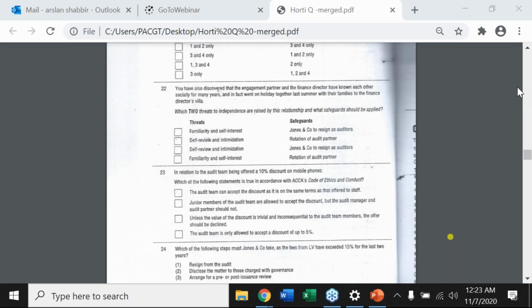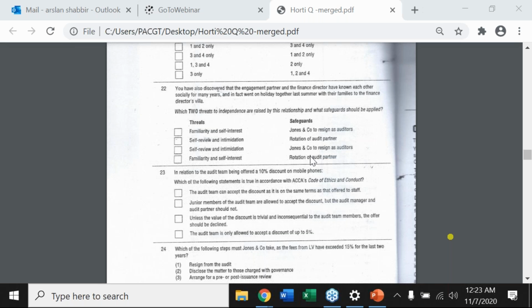How many of you think that the fourth option is correct? Yes, many of you have said. Okay. Remember one thing, companies do not normally resign as auditors, because they can resign only in extreme situations where there is no safeguard available to reduce the threat.